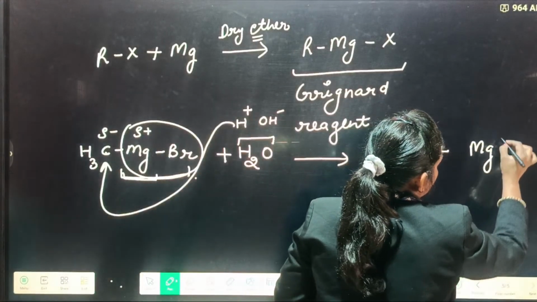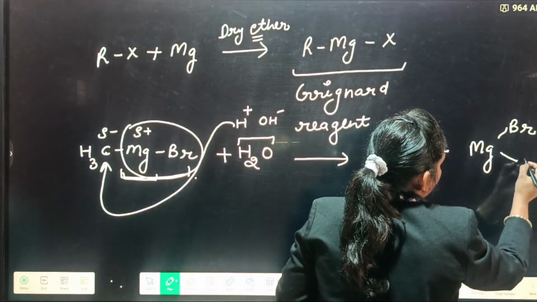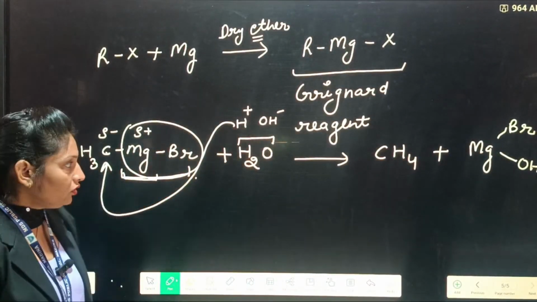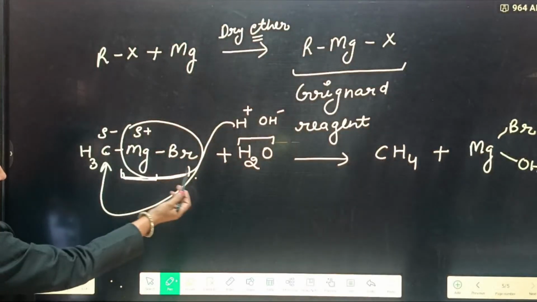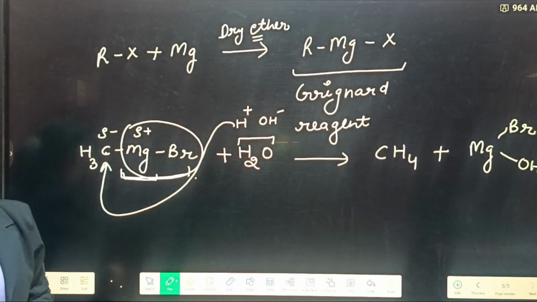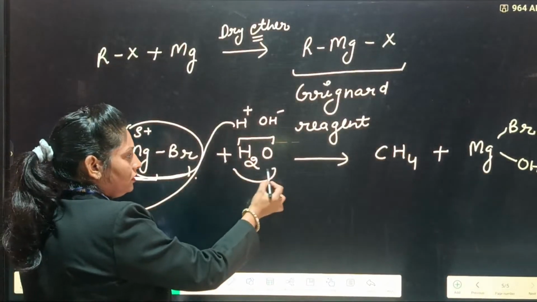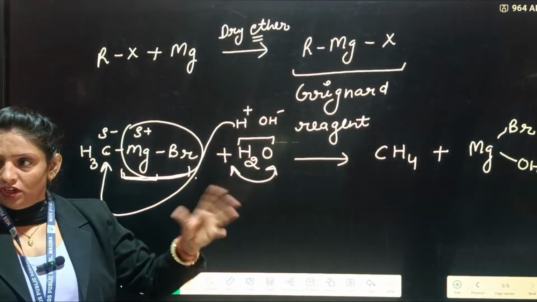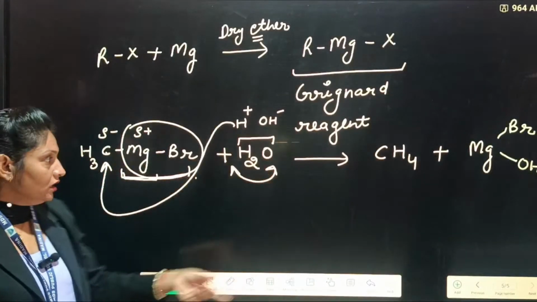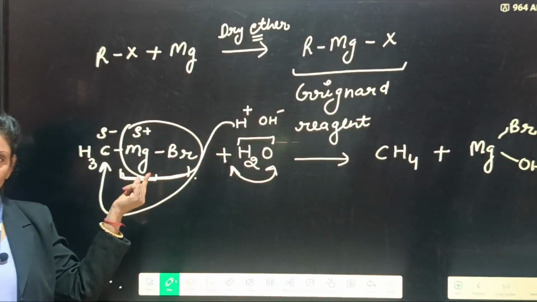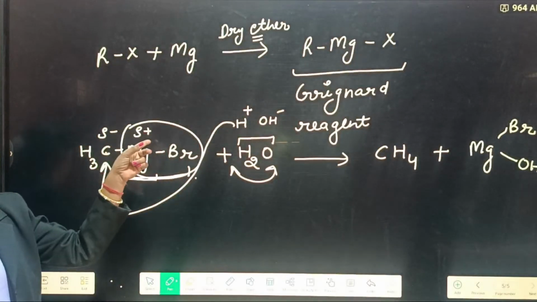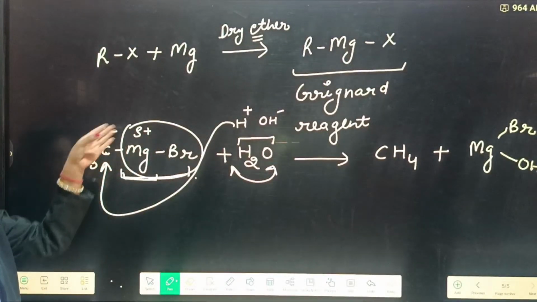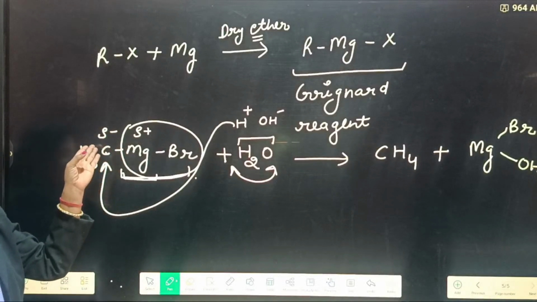So MgBrOH. Clear or not? If you have a Grignard reagent, then by hydrolysis you will react this with water only. Just break it into positive and negative parts. Magnesium is more electropositive, so Mg attains a positive charge. Carbon is a non-metal, so with respect to this it is more electronegative, so negative here.